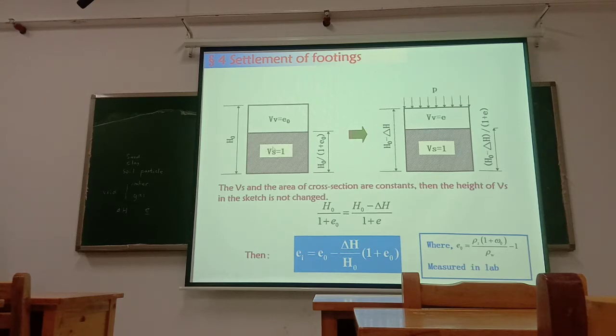Okay, so the Vs can be raised by H0 divided by 1 plus e0. Because the section area is constant, the volume ratio equals the height ratio. Okay, maybe the volume of soil particles uses this equation.